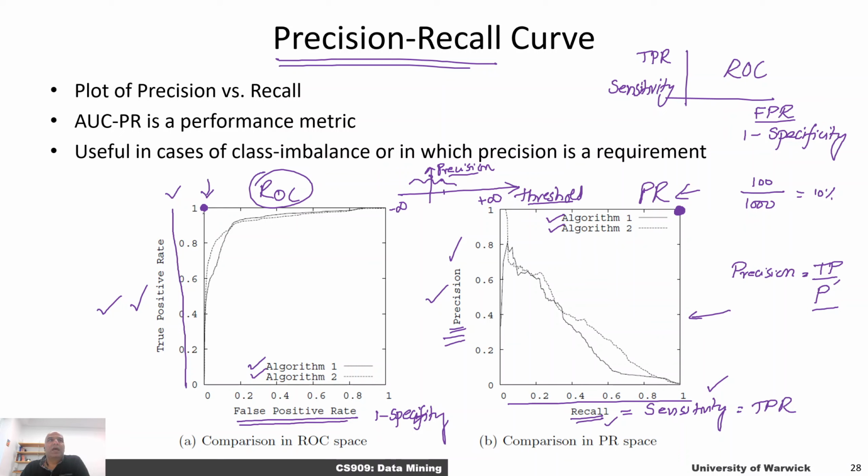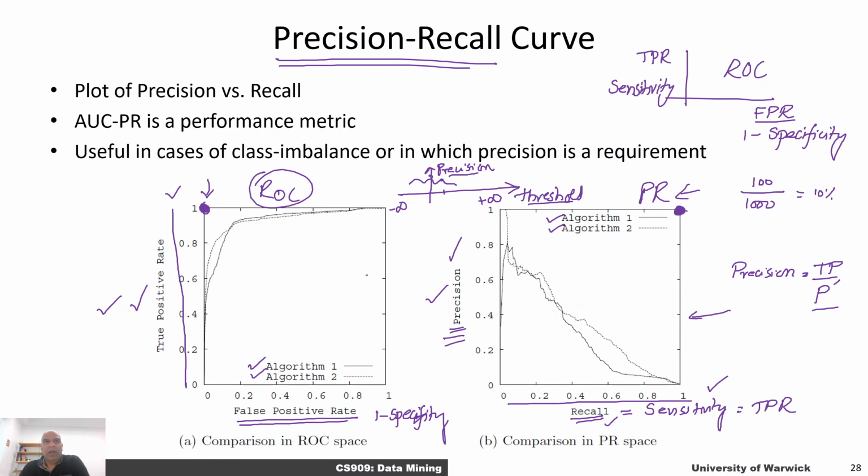So this is the ideal classifier, and this is the same ideal classifier in the PR space. So if you have an ideal classifier in the ROC space, the corresponding point for that classifier is going to be this one in the PR curve.